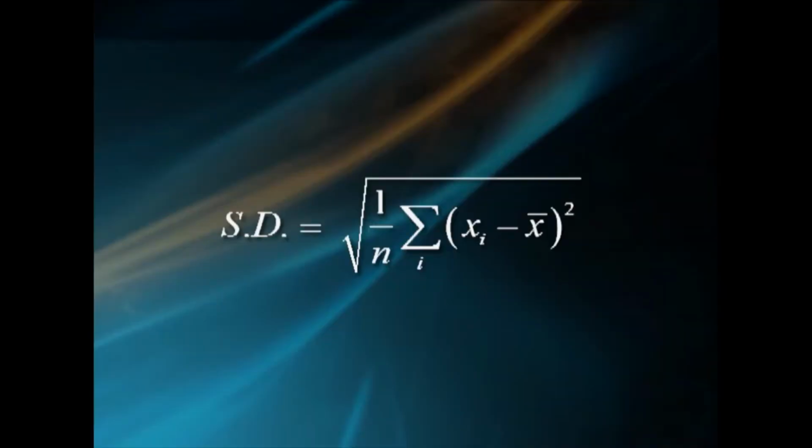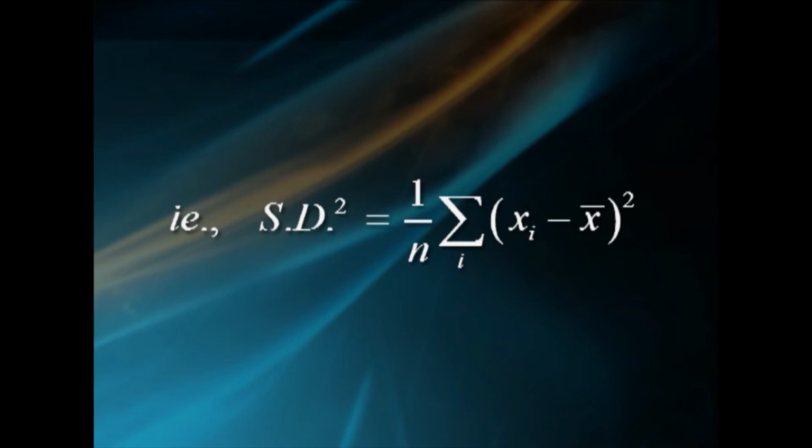For the observations x1, x2, ..., xn with arithmetic mean x bar, we have standard deviation SD equal to square root of 1 by n summation over i (xi minus x bar) whole square, that is SD square equal to 1 by n summation over i (xi minus x bar) whole square.